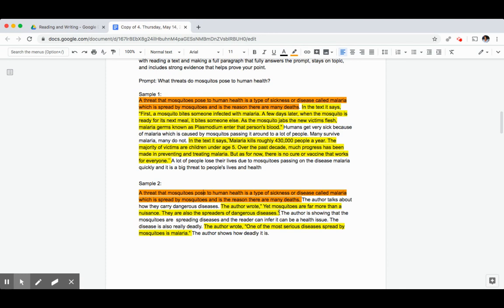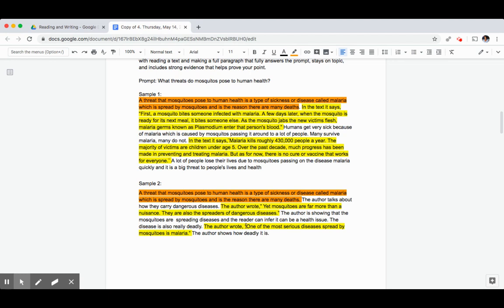It just says that mosquitoes broadly spread dangerous diseases. How does your reader know that you're talking about malaria and not other diseases that a mosquito could spread? There's no way for your reader to be super clear, and this evidence is just way too general. It's not the best evidence to prove your point. It doesn't even connect to malaria.